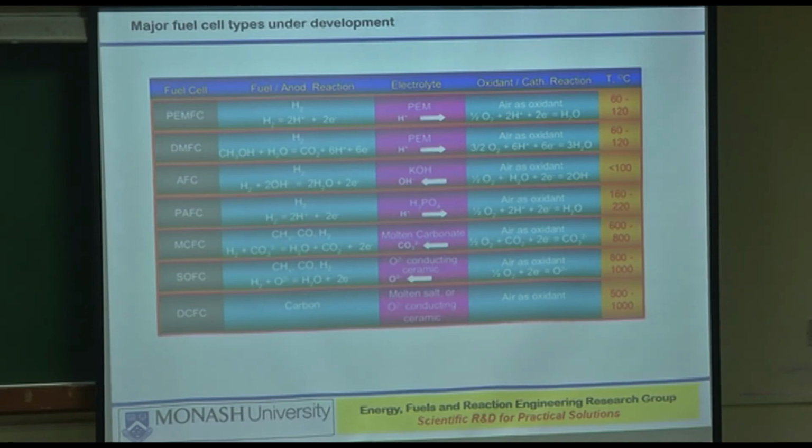But as you go to higher and higher temperatures from the top to the bottom, what that allows you is to bring thermochemical conversion processes into the mix. And as soon as you bring thermochemical conversion into the mix, that allows you to use fuels which are not easy to convert electrochemically, such as carbon.